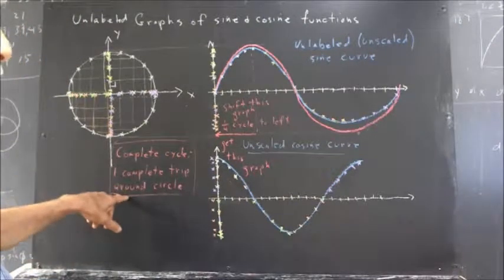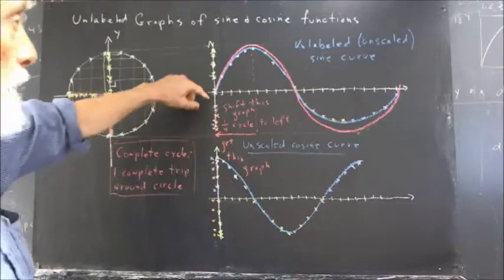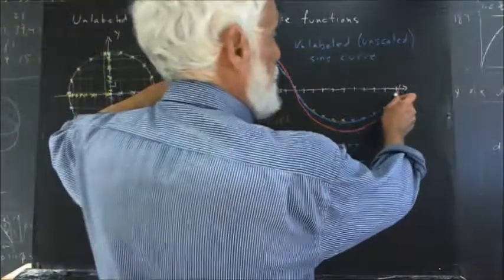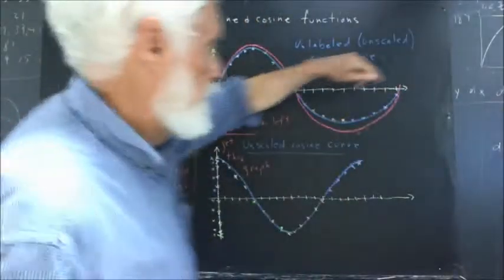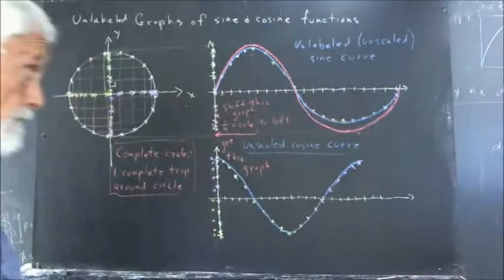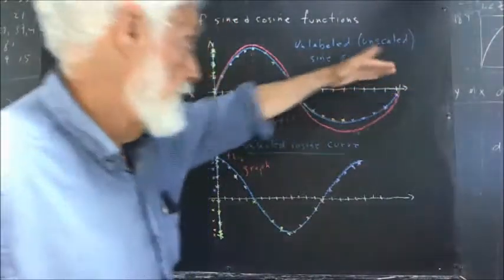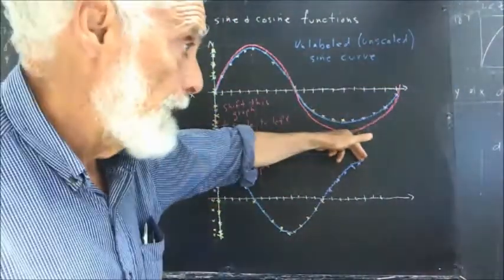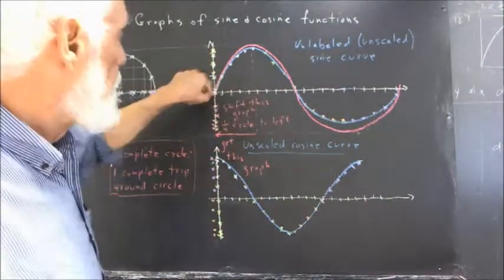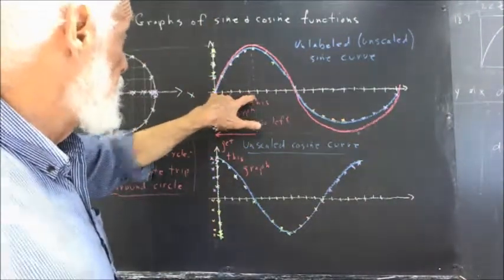A complete cycle corresponds to one trip around the circle. A complete cycle of the graph would go from here out to our last point, then a little further, and actually, you can understand, would end when the graph hits the horizontal axis in this case, or when it hits its high point down here. Okay, well, from here up to here is a quarter of a cycle.